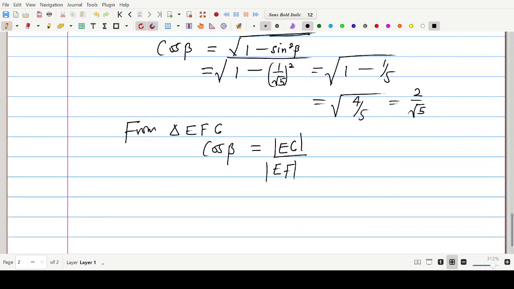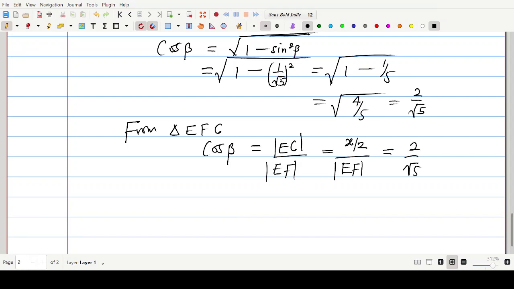Hope you can see that. Now already here, EC is x over 2. Then we don't know EF, all right? We have to find EF. And this should be equal to 2 over root 5. That is the cosine. Can you see that?